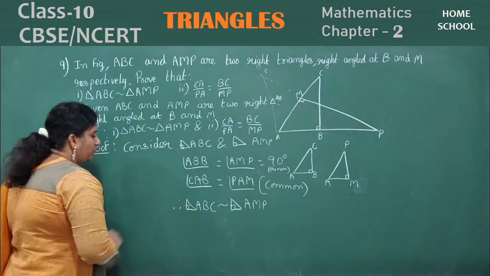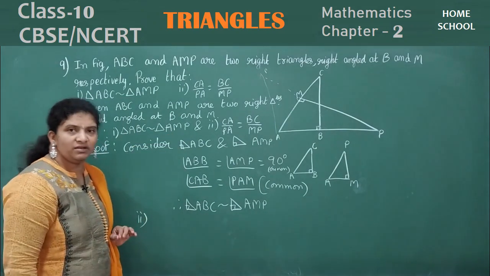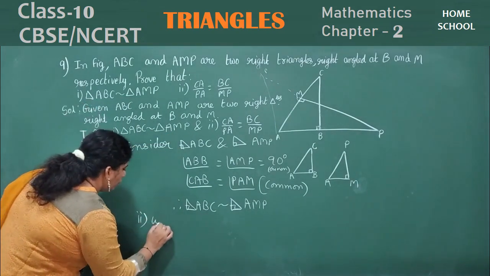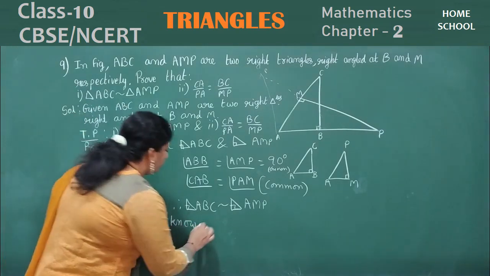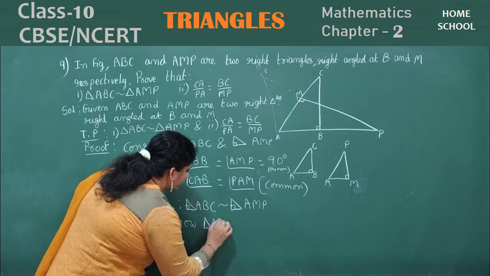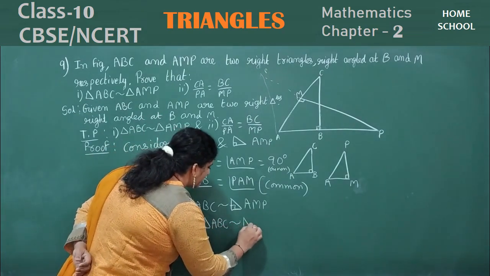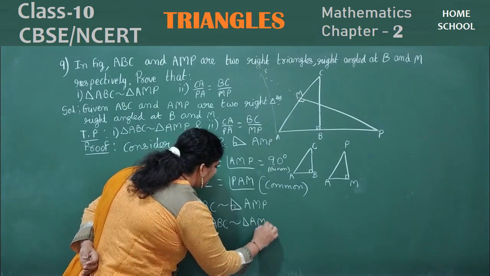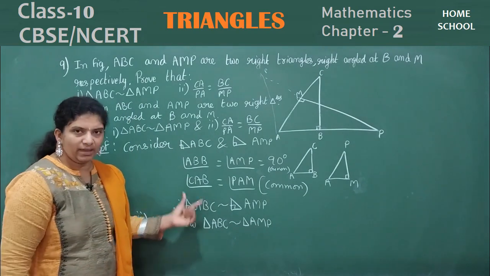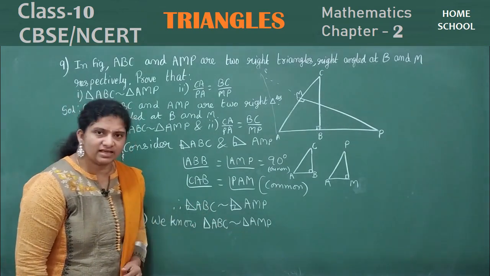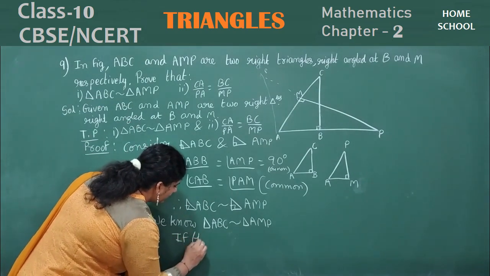Coming to your second proof. So what do you need to prove here, children? The ratios are in proportion. What do we know here? We know both the triangles. If you want, you can write normal triangle also. Triangle ABC is similar to triangle AMP. By the above proof these two triangles are similar.